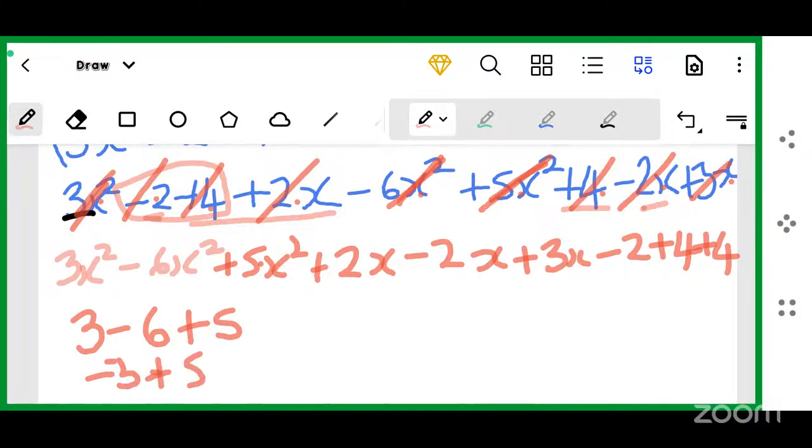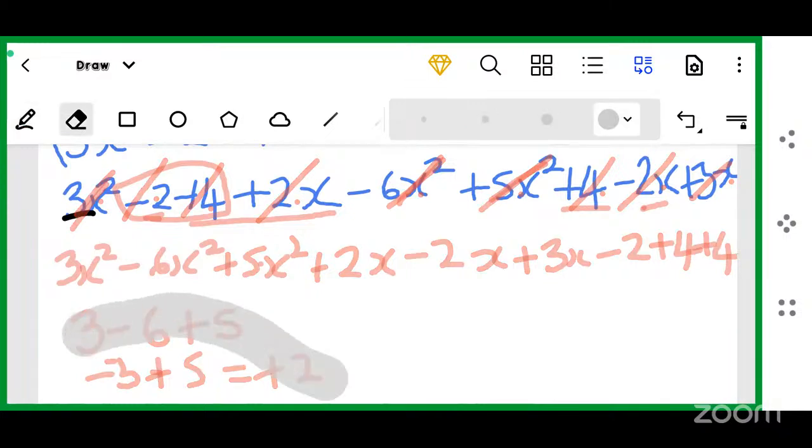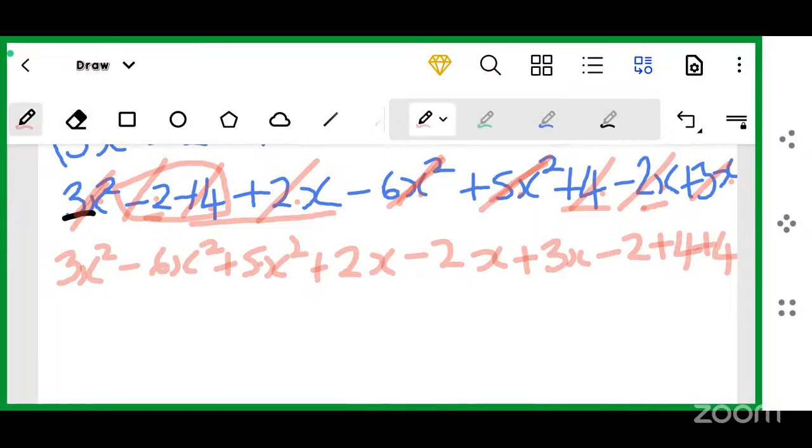So what is negative 3 plus 5? Positive 2. Perfect. So what is going to be our final answer here? Positive 2x to the power of 2. Perfect. And these ones are gone.